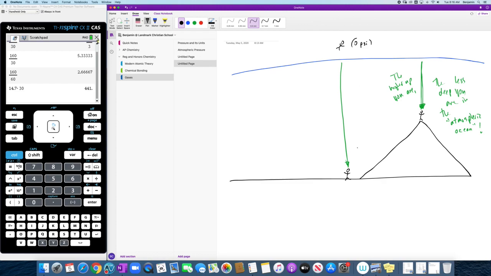Okay, and so that's the whole idea. But sea level is, in a sense, about as deep as you can get, because after that, you can't really go any deeper. There are places around Earth that are below sea level. Okay, so let's say this is sea level here, and there's the ocean.